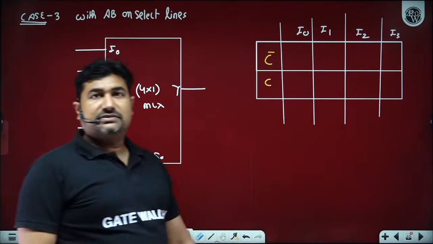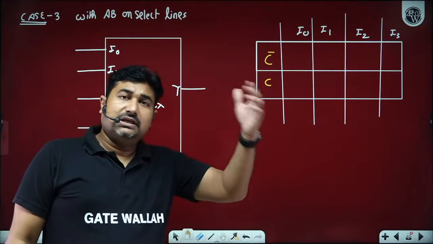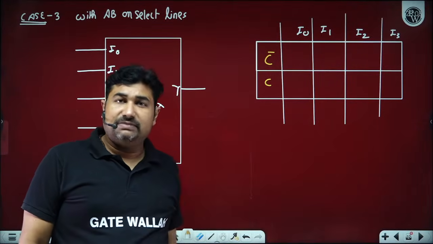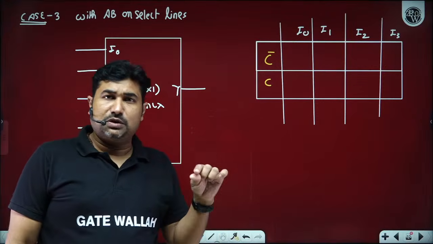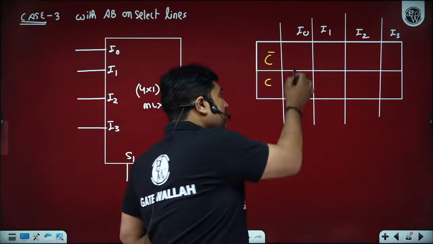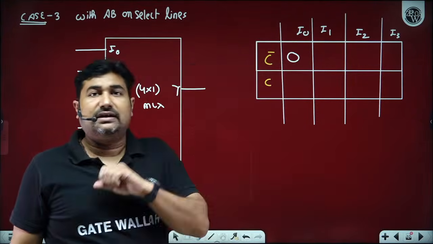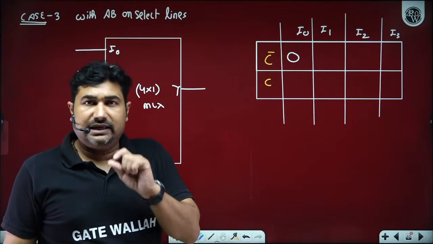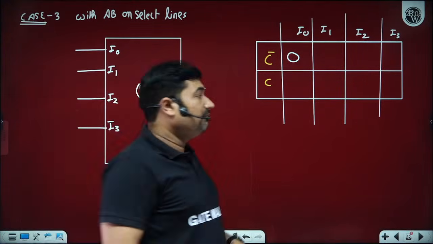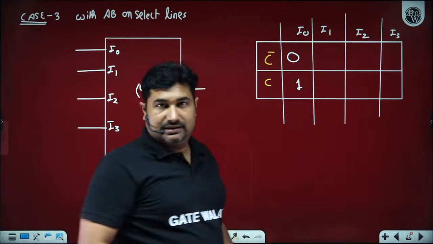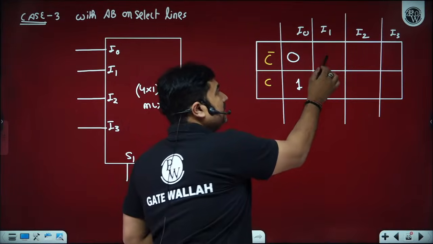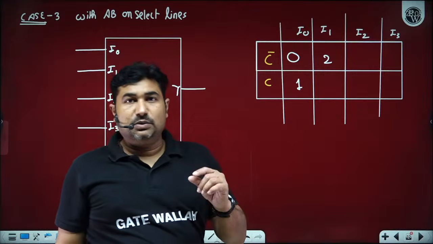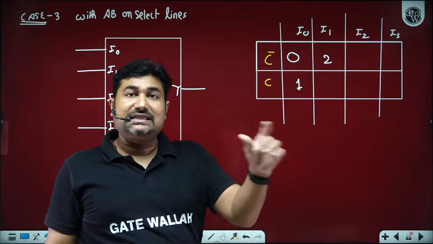Now if you observe C bar, what are the min terms in which we are getting C bar? If we take the binary of 0, we get A bar, B bar, C bar. So the binary of 0 has C bar. Min term of 1, A bar, B bar, C, contains C. Min term of 2, A bar, B, C bar, contains C bar.